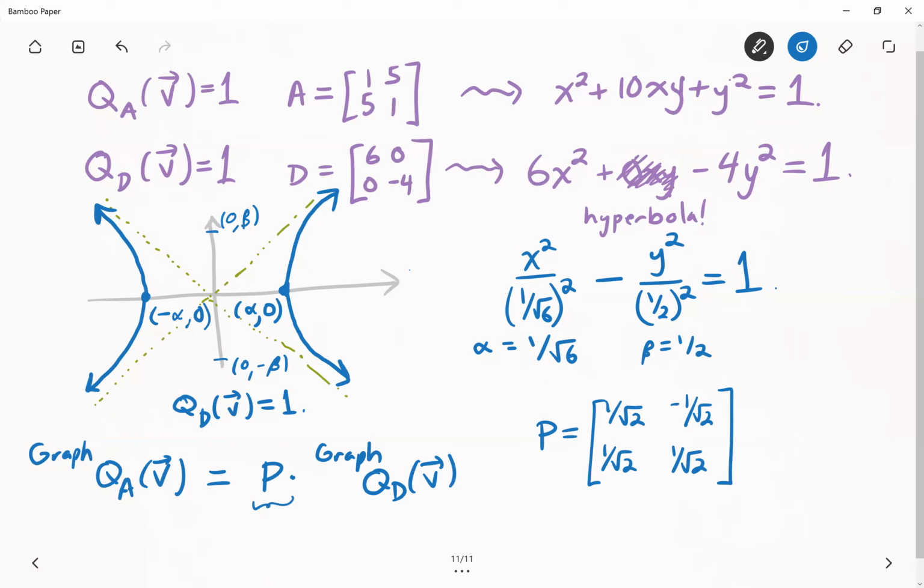Now, there's a couple of ways to think about this. One way is, well, this is a rotation matrix, so we know we can write it like so. And so here we have cosine theta aligns with 1 over radical 2.